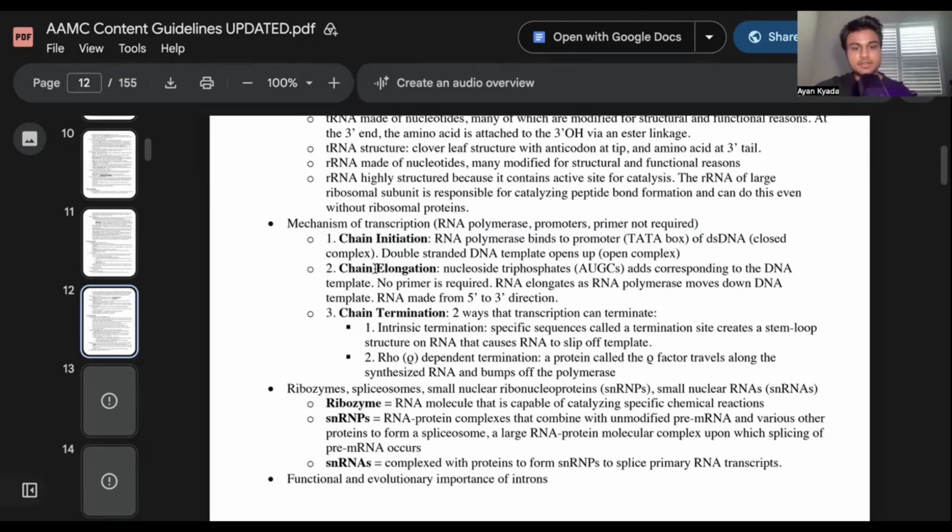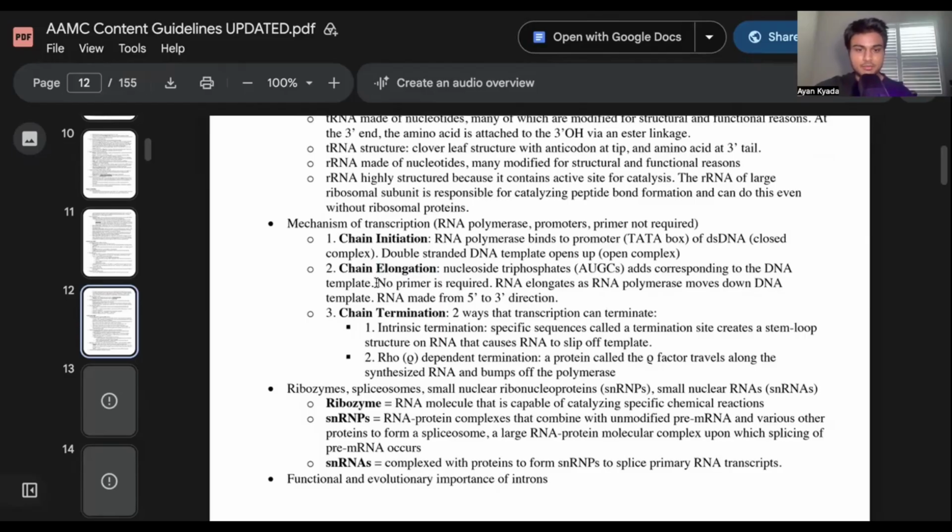And the difference between RNA polymerase and DNA polymerase is that RNA polymerase can immediately start adding nucleotides because RNA synthesis can start de novo. So remember when we were talking about DNA synthesis and we mentioned how primase has to come in and lay down an RNA primer for DNA polymerase to work?